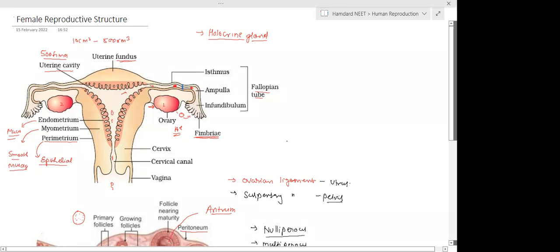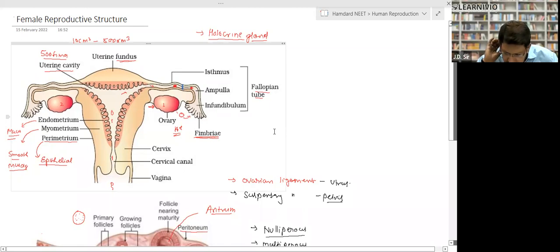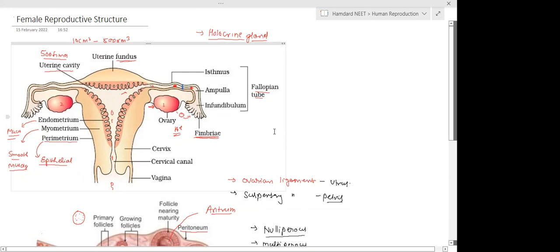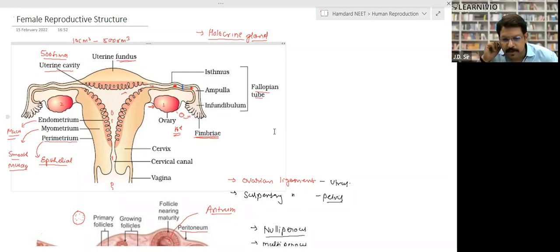Smooth muscles, it helps during childbirth. Okay, so can you tell me what is the specialty of smooth muscles? You must have gone through three kinds of muscles: cardiac muscle, smooth muscle, and striated, right? Do they have any special function?